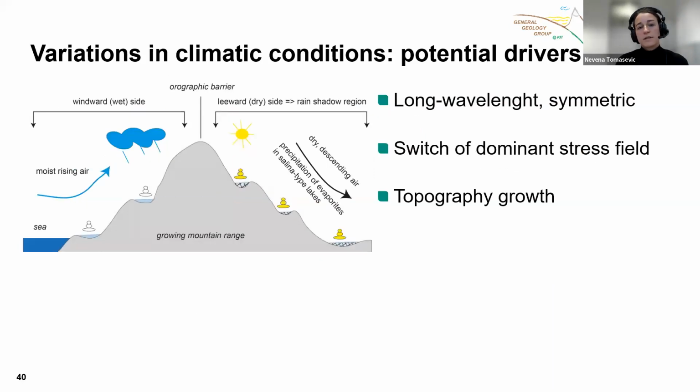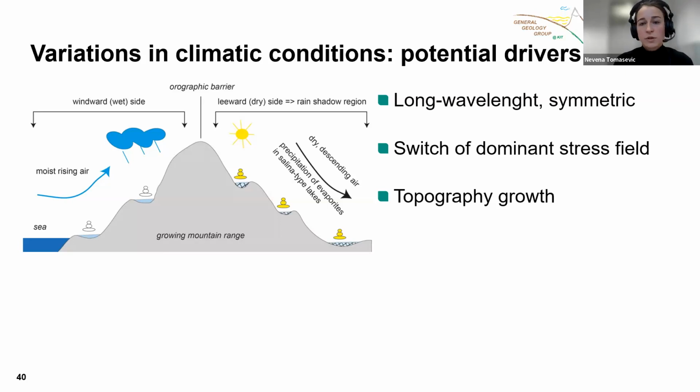And first, before testing all these hypotheses, we summarize the information that we have based on intramountain basins. When thinking about this mechanism, we would expect a mechanism which causes the anomaly that we see at the crustal level, which is long wavelength and symmetric based on the data that we have now.